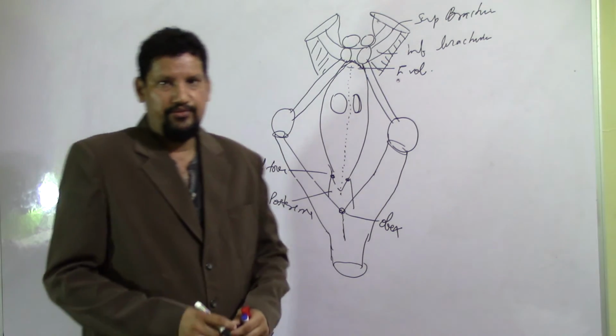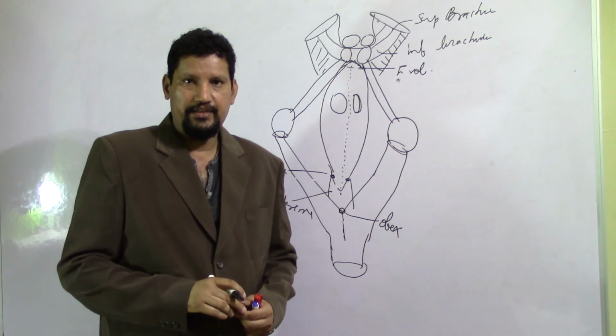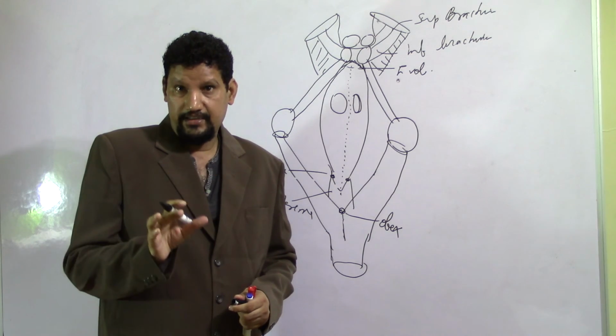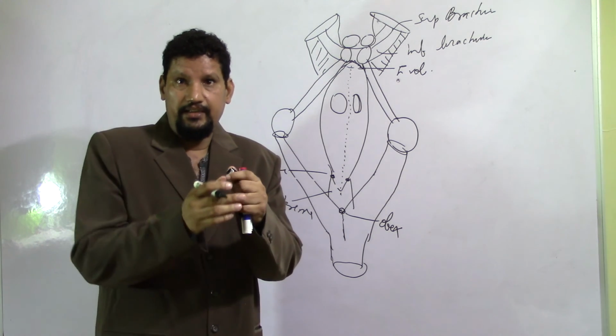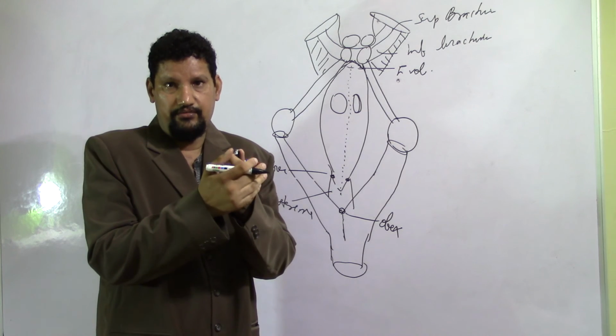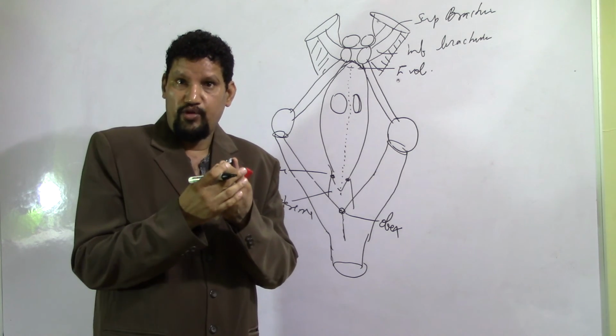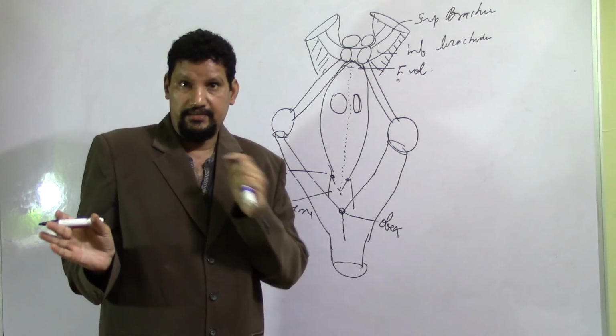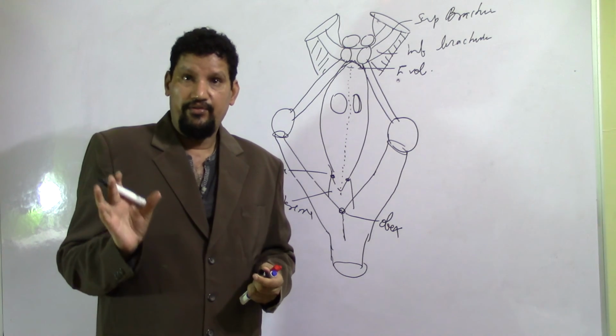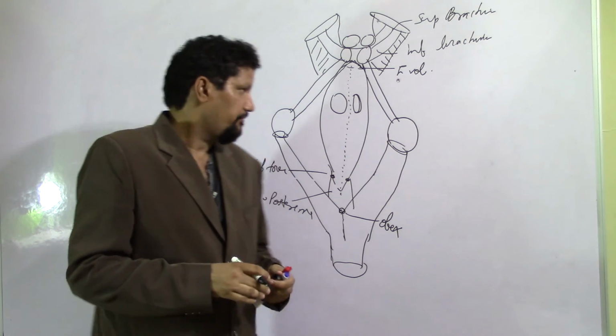These eminences are formed by the facial nerve. When the facial nerve winds round the nucleus of the abducent nerve, it forms two prominences, one on the right and the other on the left. These are known as facial colliculi.